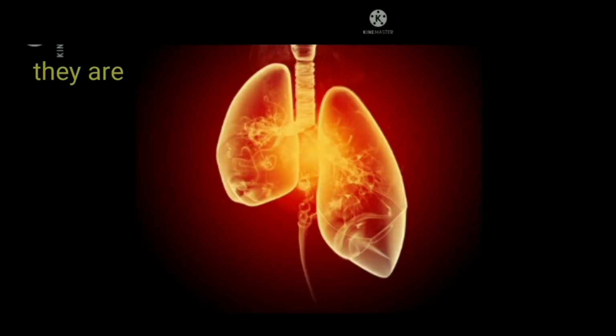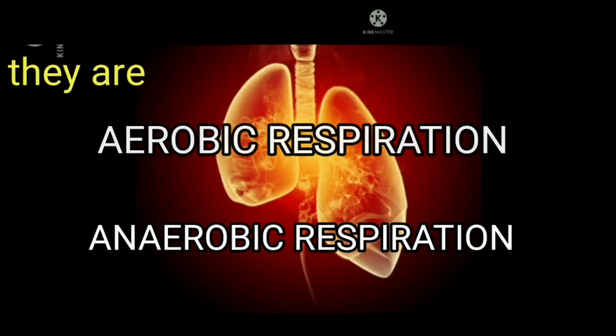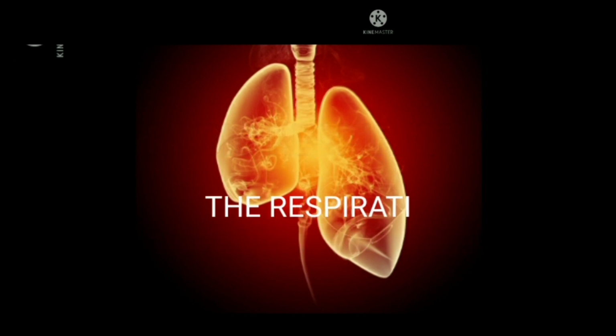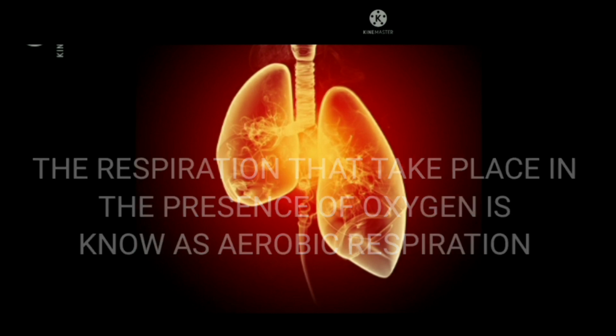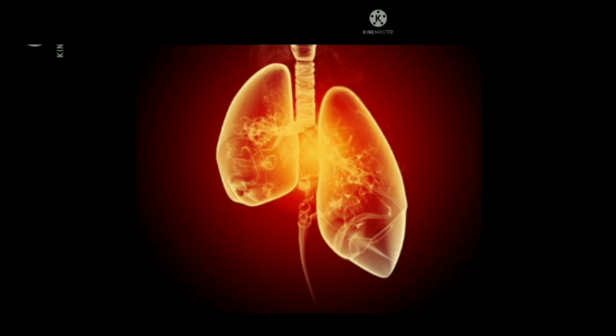According to the requirement of oxygen, two types of respiration can be identified: aerobic respiration and anaerobic respiration. The respiration that takes place in the presence of oxygen is called aerobic respiration. Some organisms can respire without oxygen.